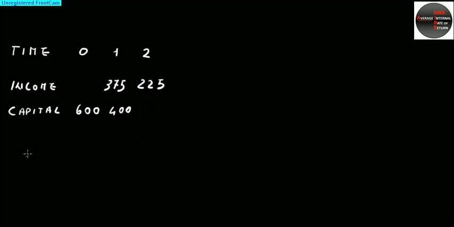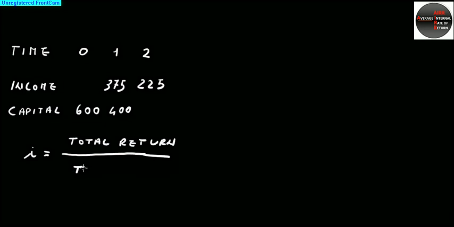So what is the rate of return of this project in this two-period project? We just have to divide the total return generated by the project by the total capital invested in the project.